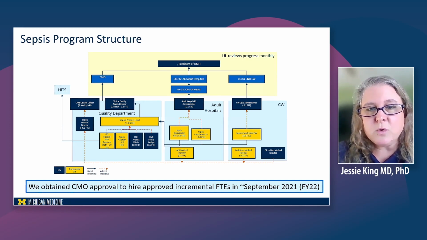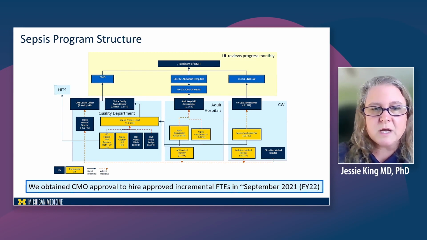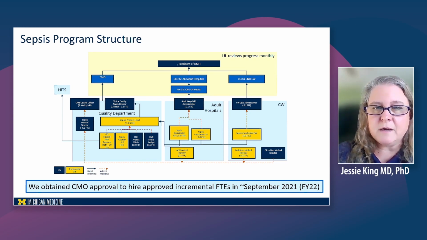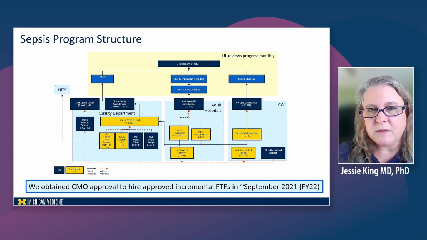So the sepsis coordinator for Women and Children's, for example, indirectly reports to the Women and Children's Quality and Safety Administrator. Within the main hospital, the adult ED and inpatient sepsis coordinators report indirectly up to the adult hospital Quality and Safety Administrator. And within that, the pediatrics and adult champions also sit within those silos.